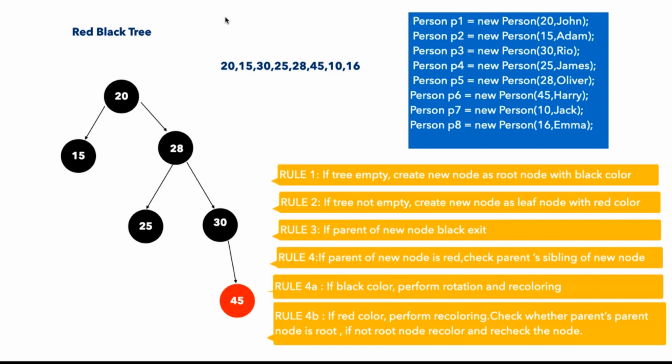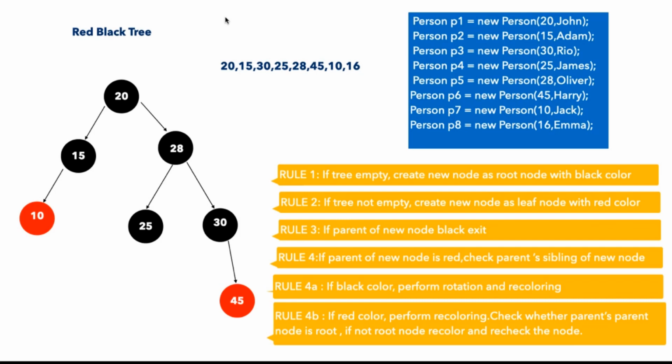The next step is 10. It is the left child for node 15. It again follows the rule to create new node as leaf node with red color. As the parent of 10 is 15, it is already in black color. It is fine. So we will go with the next element.